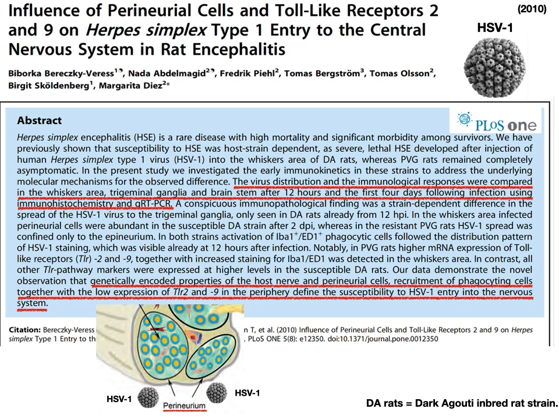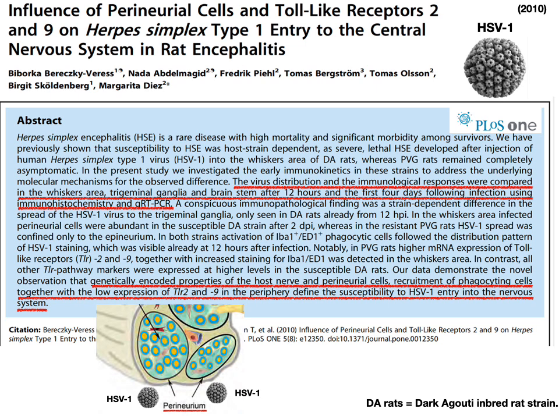So just a quick read through the abstract. The virus distribution and the immunological responses were compared in the whiskers area where the virus was injected, trigeminal ganglia, and brainstem after 12 hours and the first 4 days following infection using immunohistochemistry and quantitative reverse transcriptase PCR.